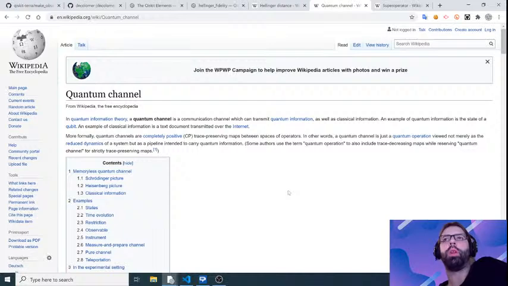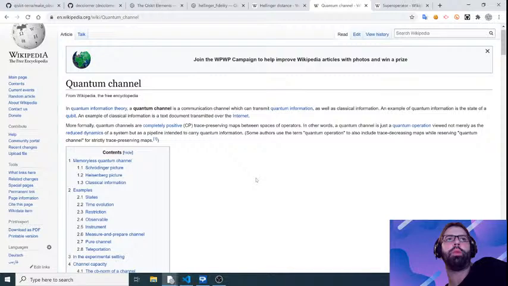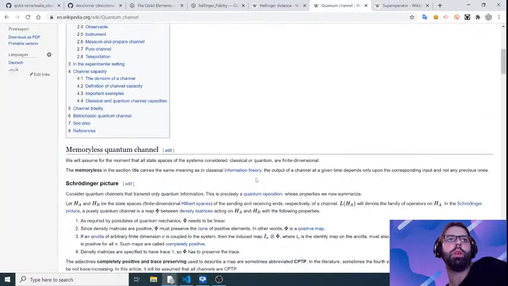In other words, a quantum channel is just a quantum operation viewed not merely as the reduced dynamics of a system, but as a pipeline intended to carry quantum information. Some authors use the term quantum operation to also include trace decreasing maps, while reserving quantum channel for strictly trace preserving maps.